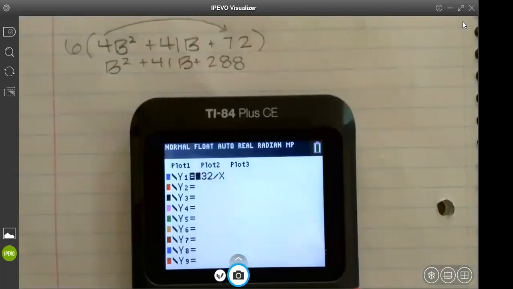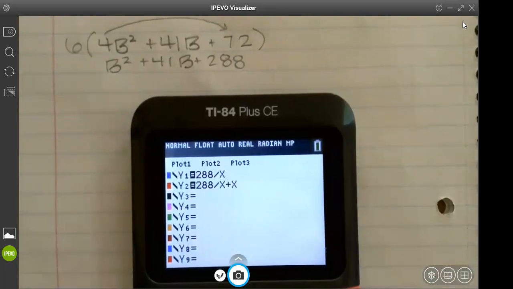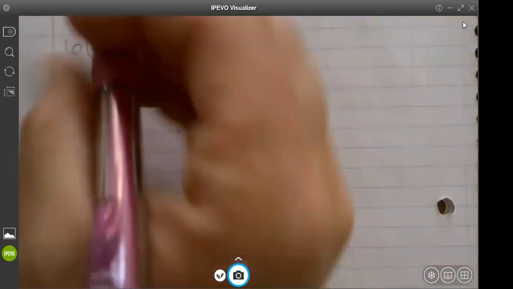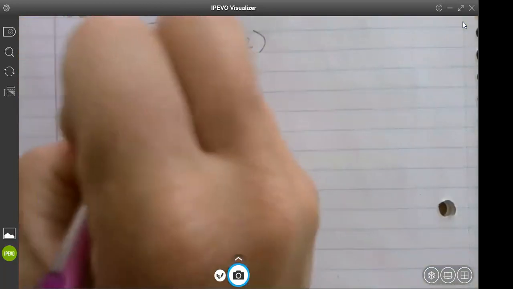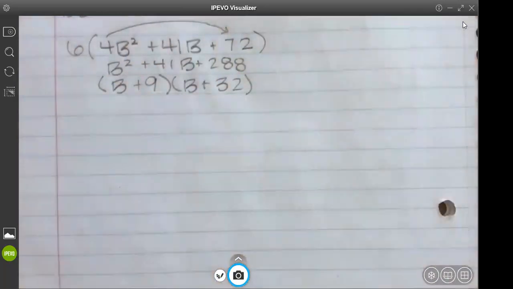I need factors of 288 that add to 41. I have 9 and 32. So a positive 9 and a positive 32.